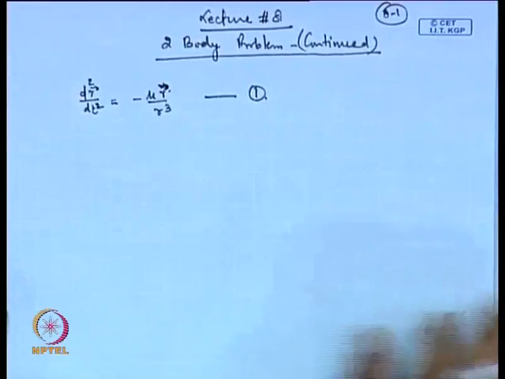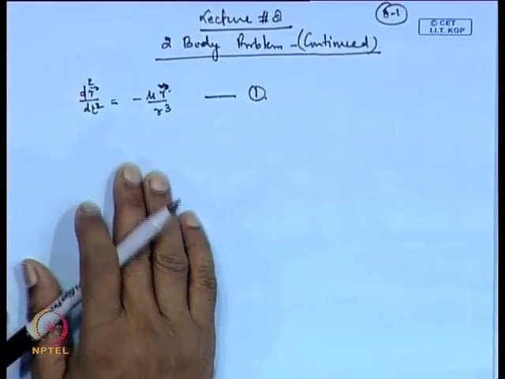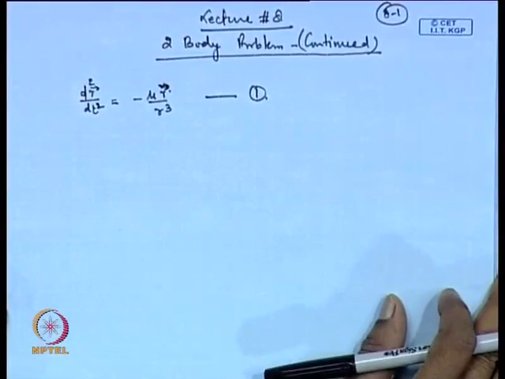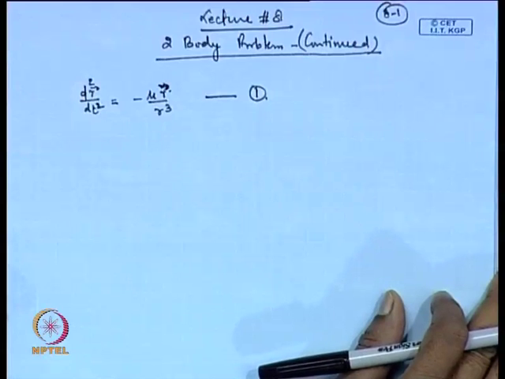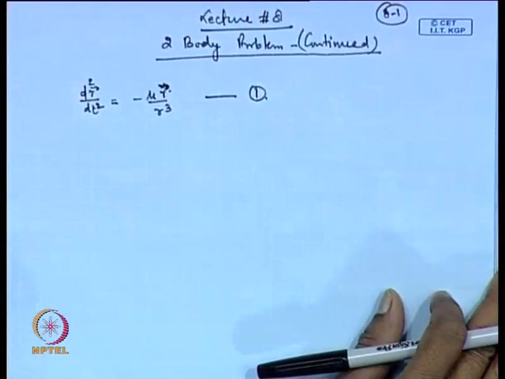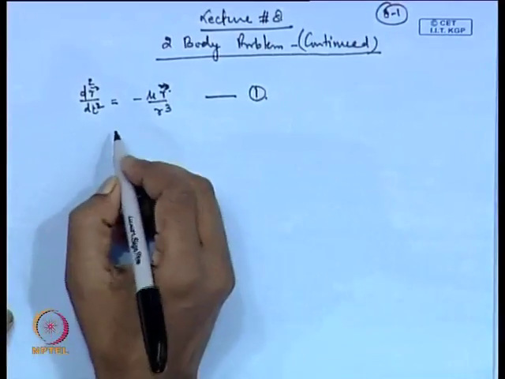In this equation, this is a second order differential equation. So, this will have a total of 6 constants of integration, or the constants of motion, and it can be solved. Okay.